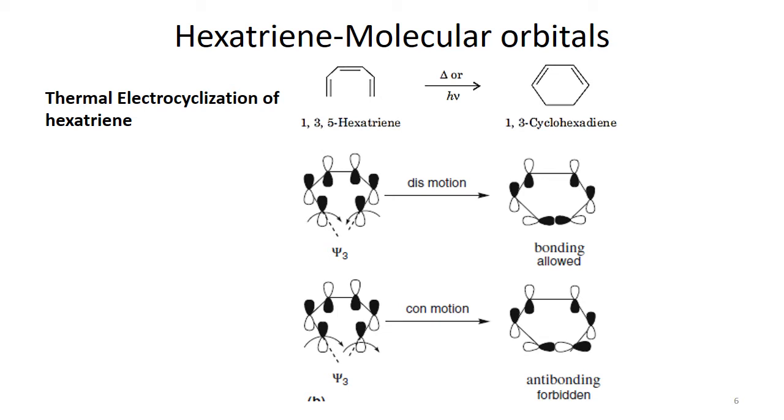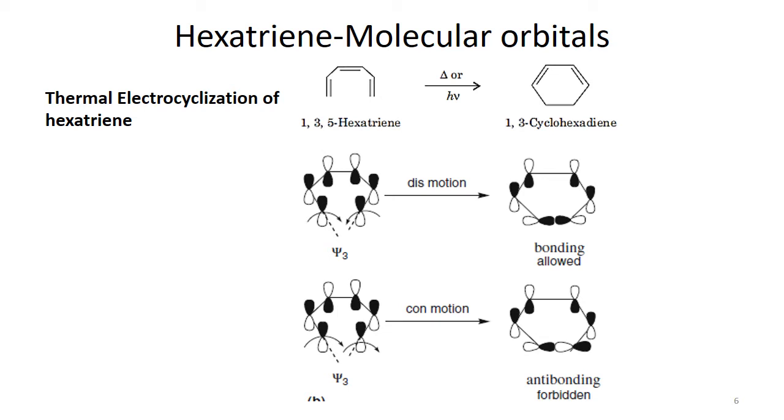For that, the symmetries of the reactants should match when they react. But in this case, we start from one reactant, and the terminal carbon atoms are very crucial. And we have already talked about the disrotatory mode of motion, or conrotatory motion.